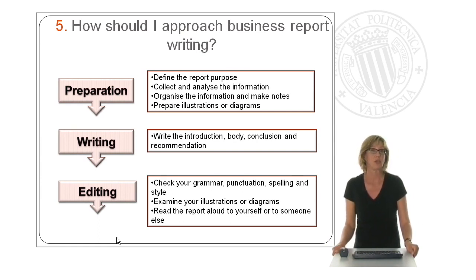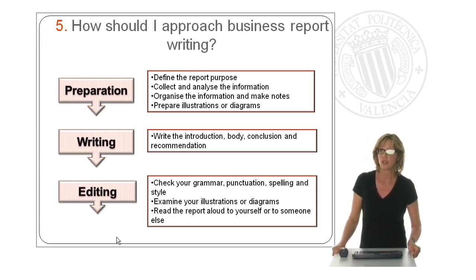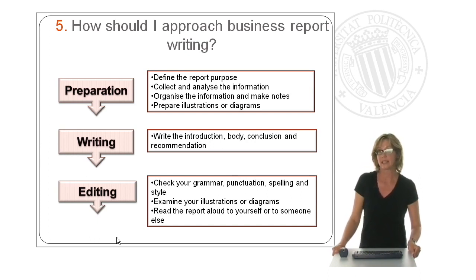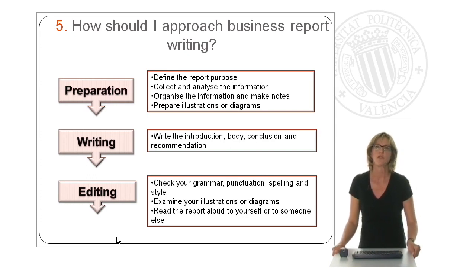You should examine your illustrations or diagrams if you use them, and a good thing to do at the end is to read the report aloud to yourself or to someone else, and in this way gain a different perspective on your writing. As you can see, the preparation stage and the editing stage are longer than the writing stage, and they involve different steps. You need to follow them if you want to write an effective business report.